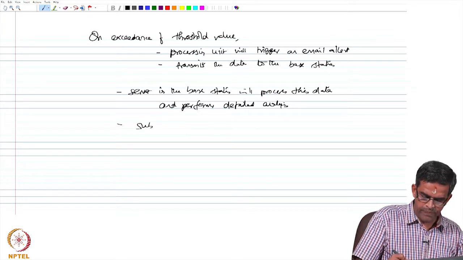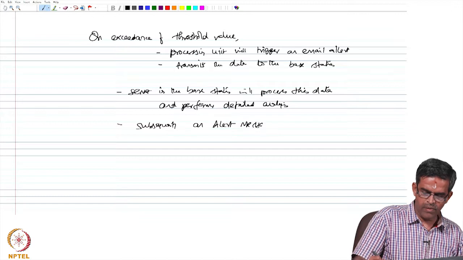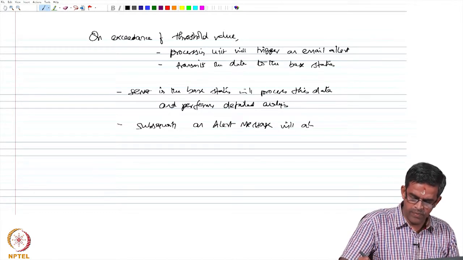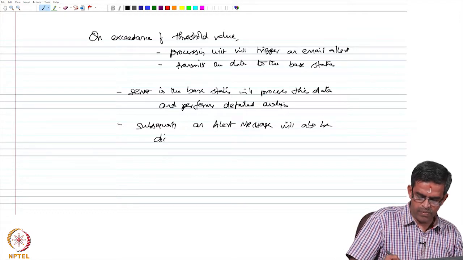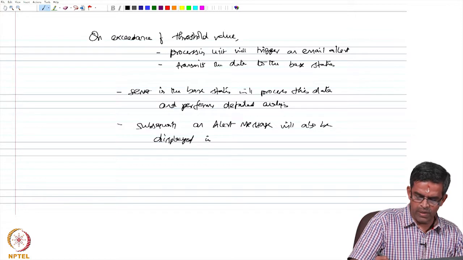Subsequently, an alert message will also be displayed in the user interface.